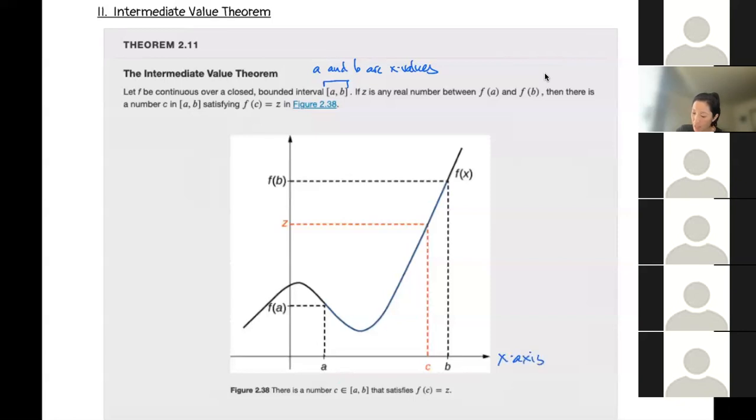If the words are overwhelming and we don't really know what they mean, sometimes by looking at the diagram, we can really connect that idea for ourselves. Okay, so we see a and b on the x-axis. Now, what has to be true about c in relationship to a and b?